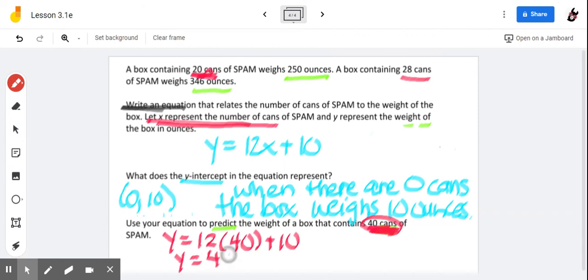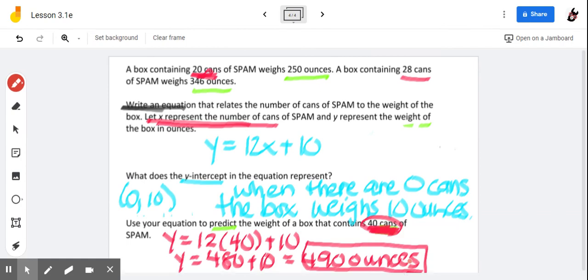Yeah, I wrote that right. 480 plus 10 is 490. So a box with 40 cans weighs 490 ounces.